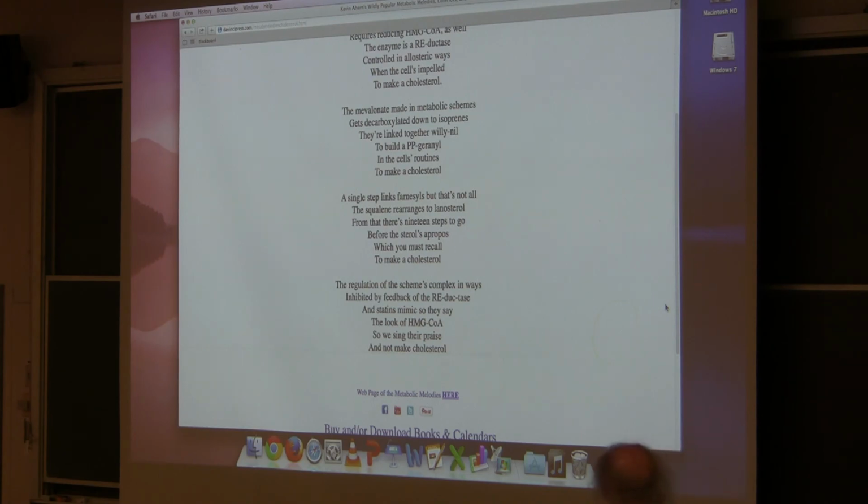They're linked together willy-nilly to build a PP geranyl in the cell's routines to make a cholesterol. A single step links farnesyls, but that's not all. The squalene rearranges to lanosterol. From that, there's 19 steps to go before the sterols apropos, which you must recall to make a cholesterol. The regulation of the scheme's complex in ways inhibited by feedback of the reductase. And statins mimic, so they say, the look of HMG-CoA. So we sing their praise and not make cholesterol.